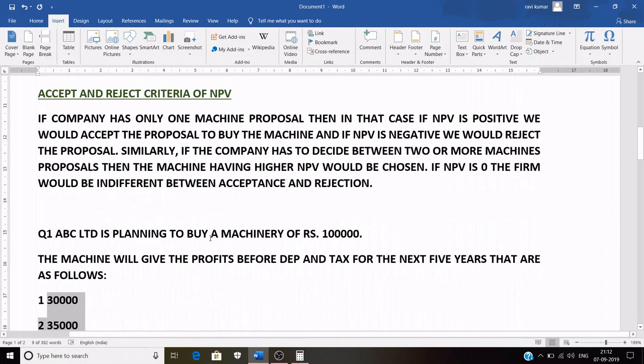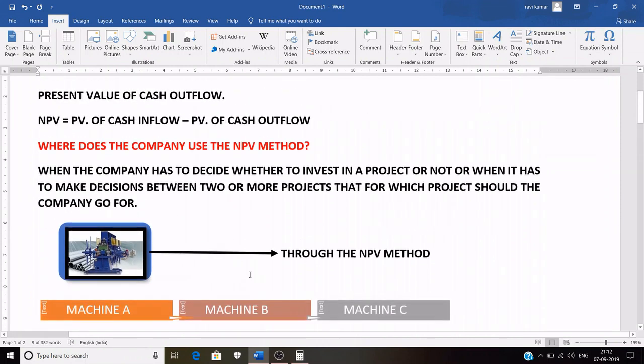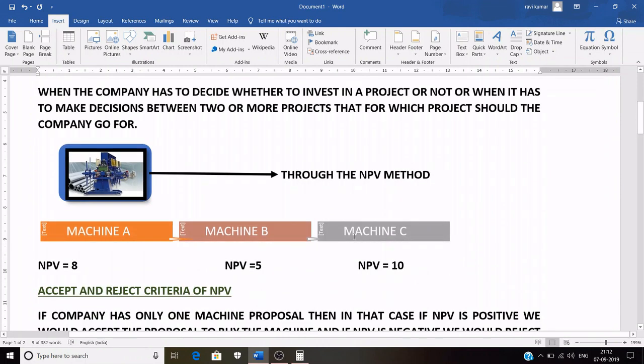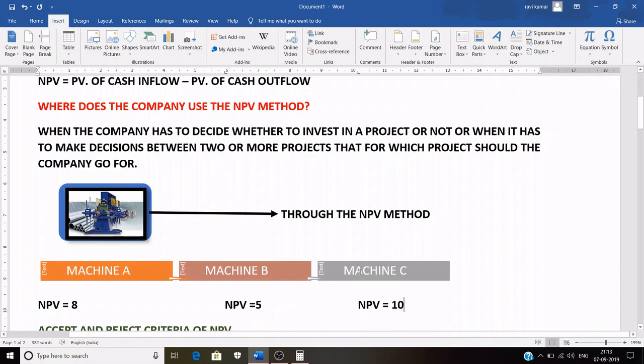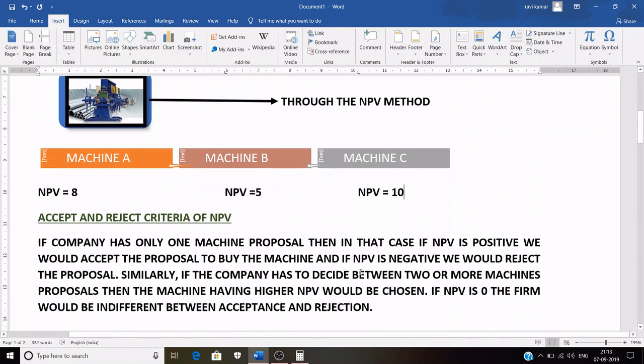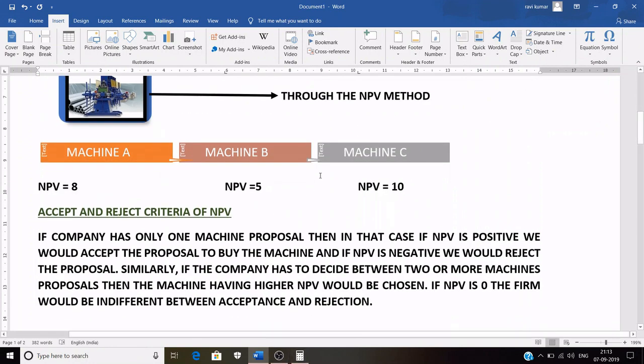Then you will see which machine has the higher NPV. Whichever machine has the higher NPV, you will buy that machine only. In this question, machine C has a higher NPV, so we will buy machine C.